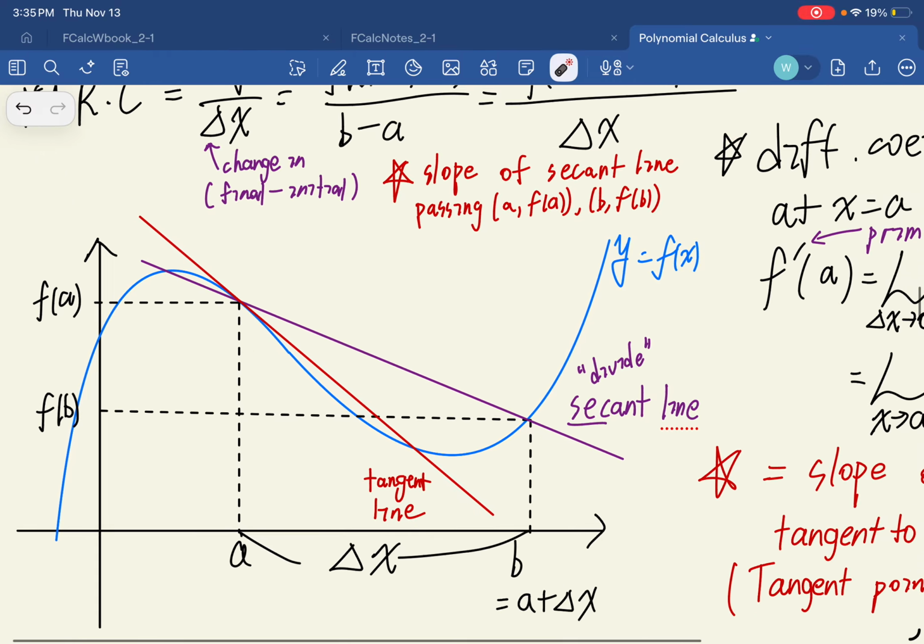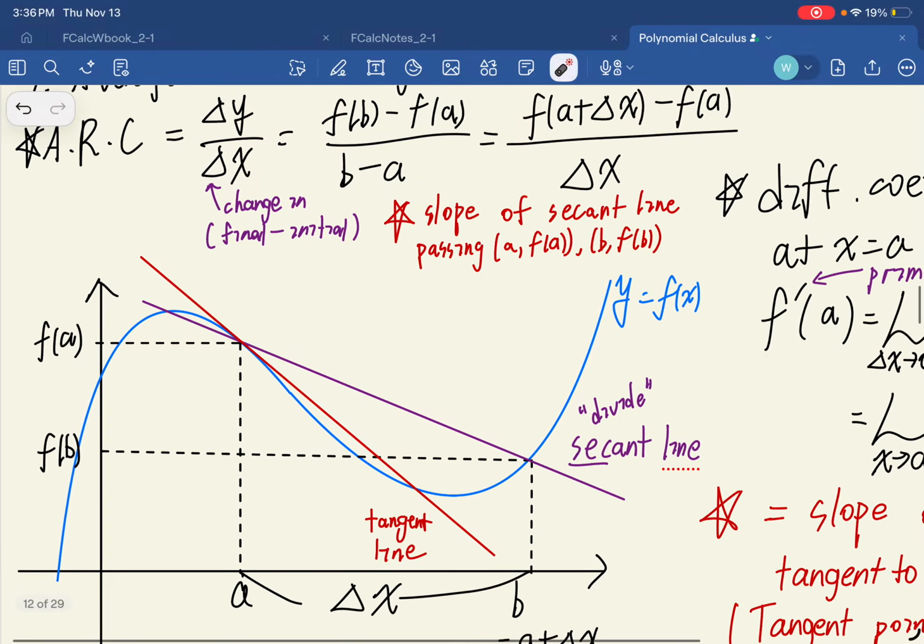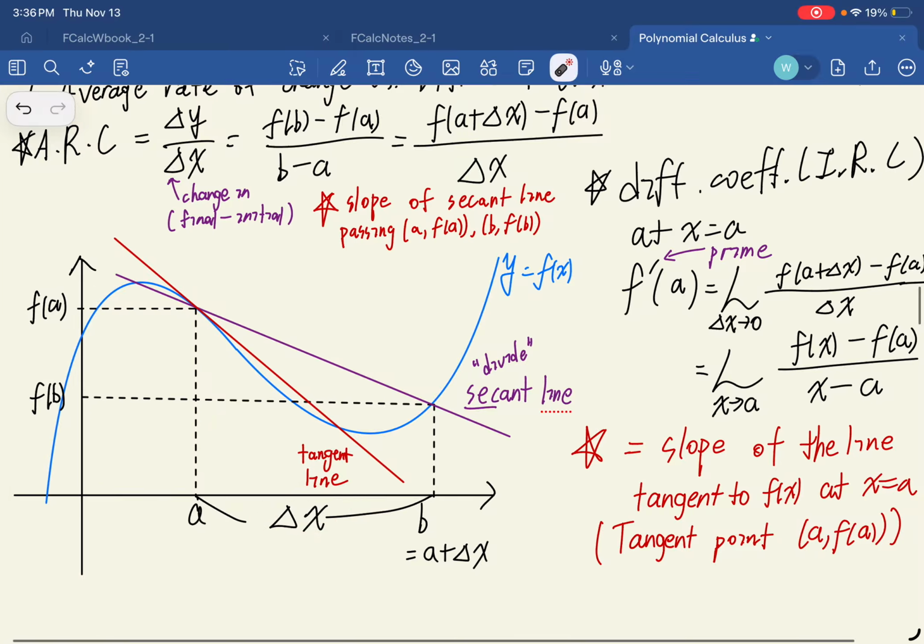Now, about the second picture, so what does this mean? Well, if we treat the offset between a and b as delta x, so delta x is literally b minus a, right? We've assigned that final minus initial, right? And if we set that as delta x, then b is essentially going to be a plus delta x. Now, we're assuming that delta x is positive because I drew b to the right side of a, but it stays the same even if b is on the left side of a.